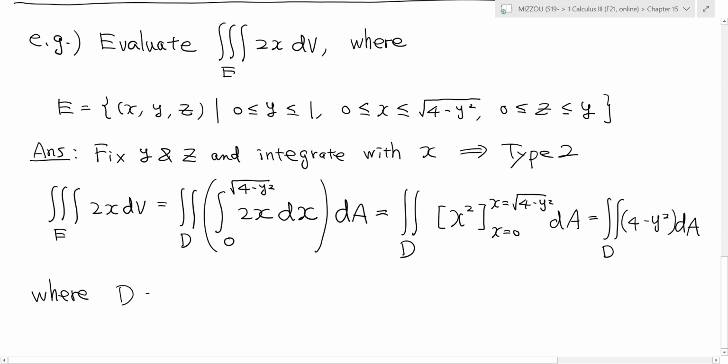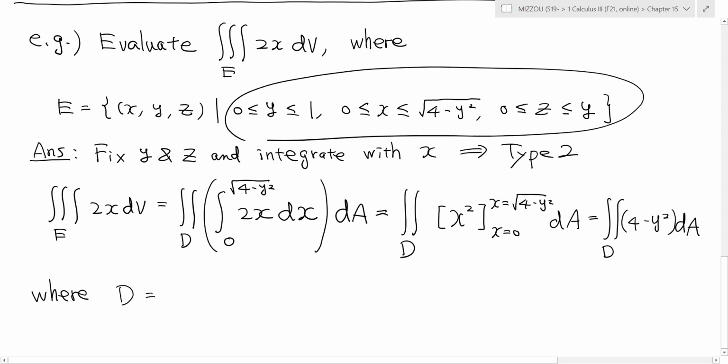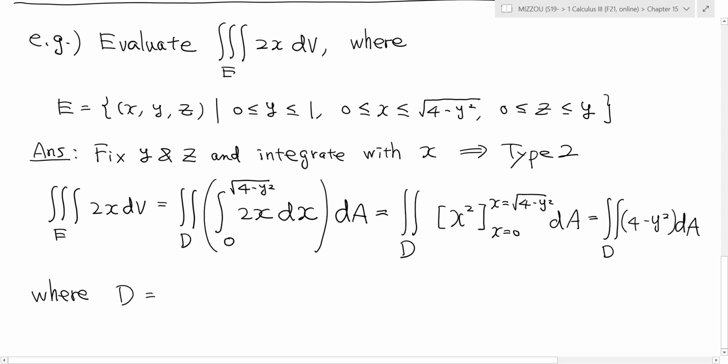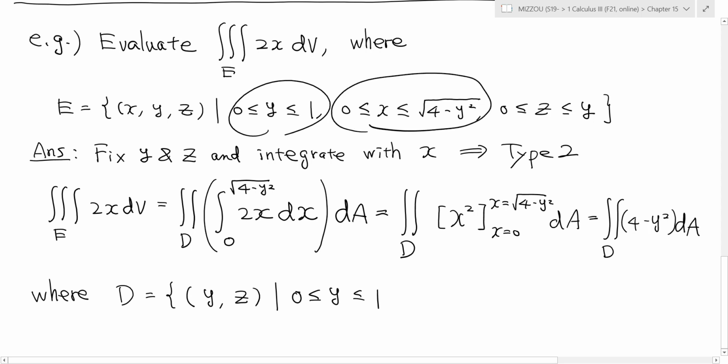But in this case, it's a little difficult to visualize just by looking at the set notation, so just use the set notation to find out what D is. D is in terms of y and z, so variable x is gone. It has already disappeared. So D is the set of all points (y, z) on the yz plane where this is still there. Now, we have already taken care of this one, so what you're left with is this one: z, y.